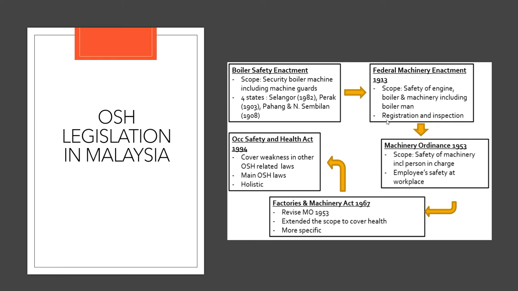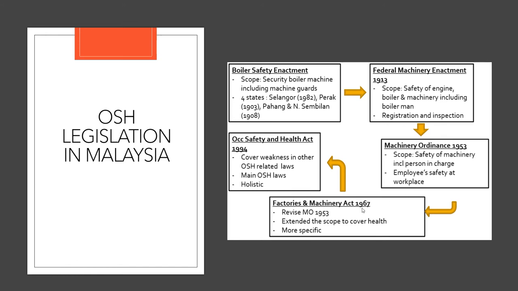Kemudian they cover about the registration and also the inspection of the machine. And then they go to the Machinery Ordinance in 1953, and the scope is about the safety of machinery, including the person in charge, not only the boilerman as in 1930. In 1953 they already covered the rules and regulations, including the person in charge, and also the employees' safety at the workplace.